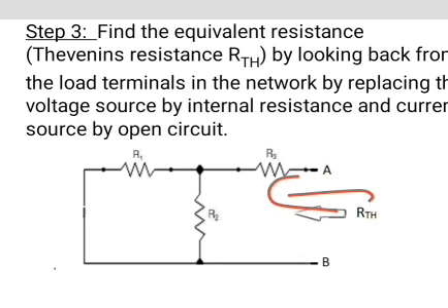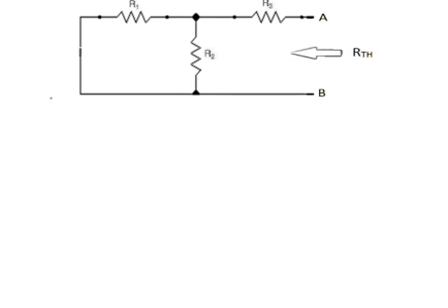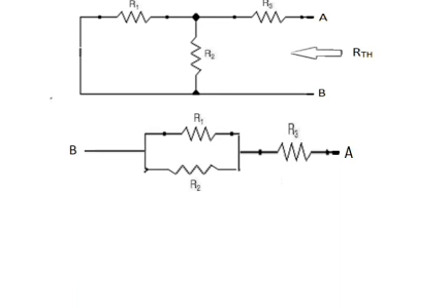That means in this circuit, the voltage source is replaced by its internal resistance. This circuit can be extended like this. That means the terminals A and B are stretched. It looks like this.